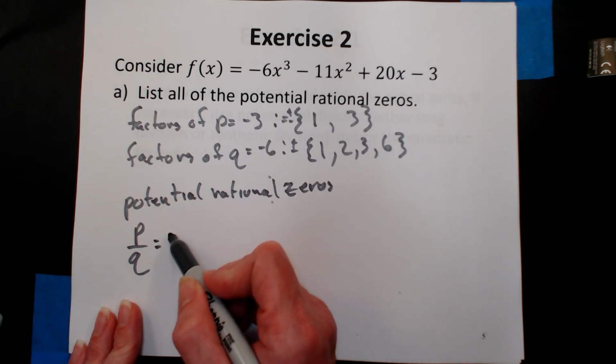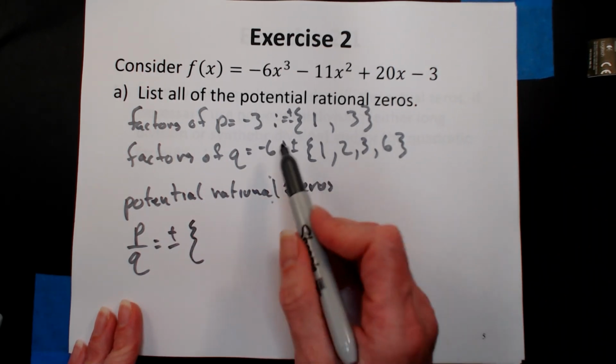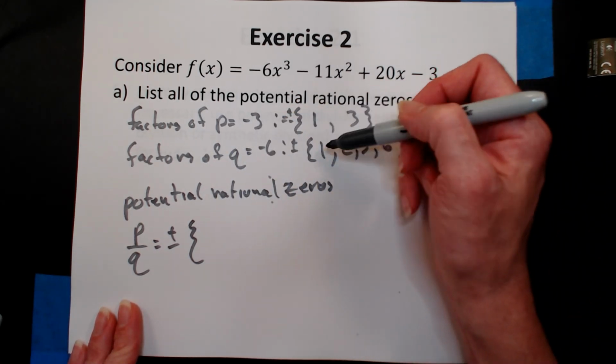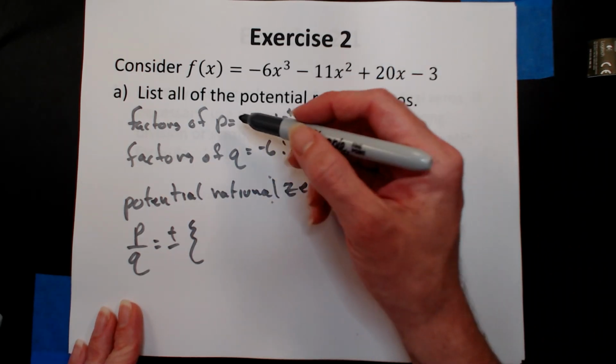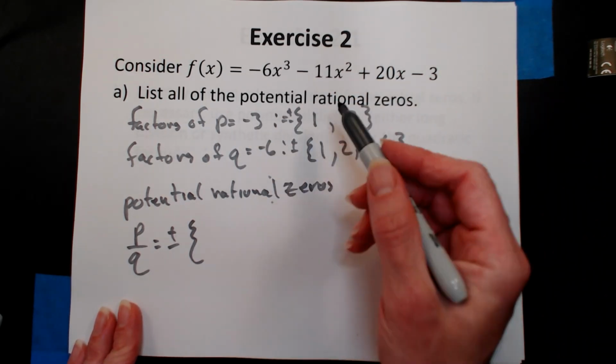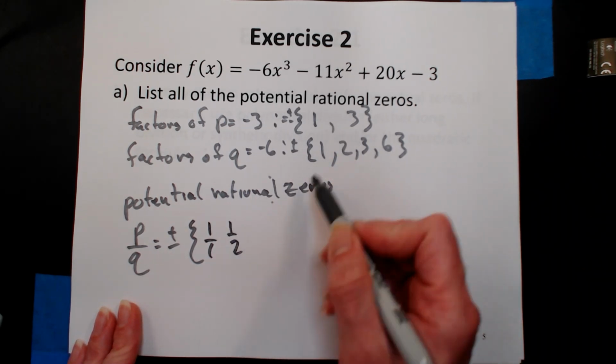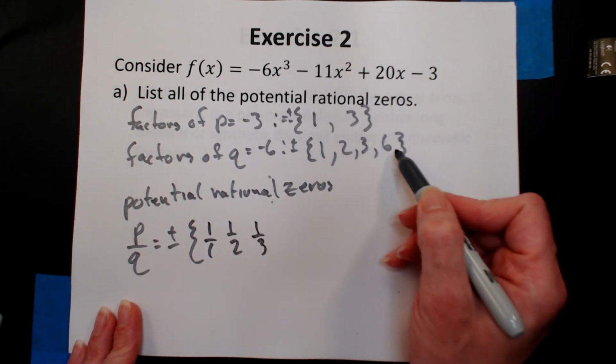And it's going to be plus or minus. How I like to write it once again is to have p over q, and since I've already written my p's and my q's, it's easier just to glance up and remember. So we're going to have 1 over 1, 1 over 2, 1 over 3, and 1 over 6.